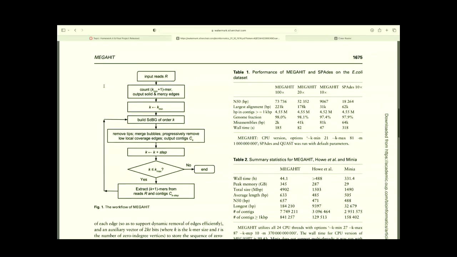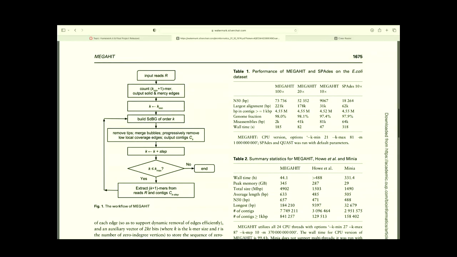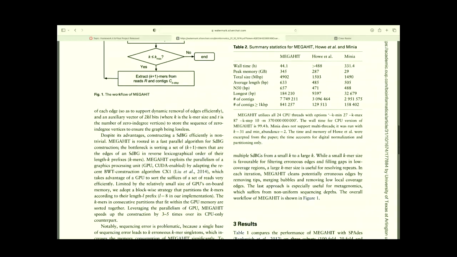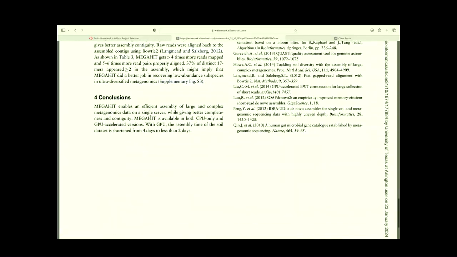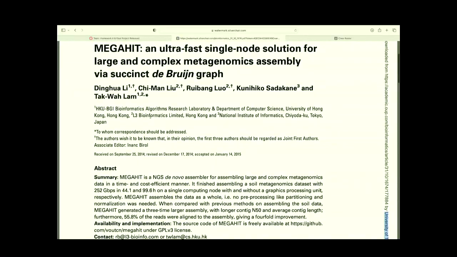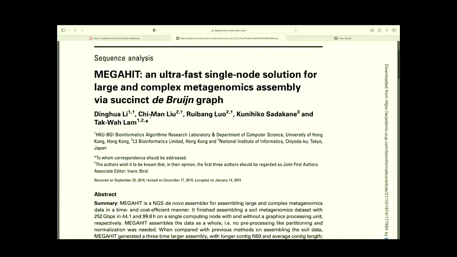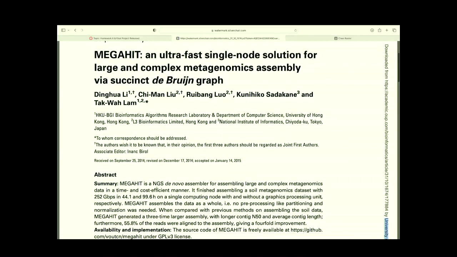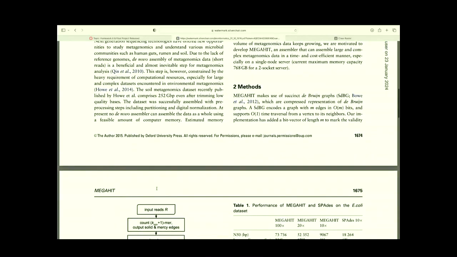And then we'll talk about how a normal de Bruijn graph is, and then I'm going to assign you this short paper to read. I believe it's an applications note in Oxford University Press Bioinformatics, and it's only, I think, 3 pages.